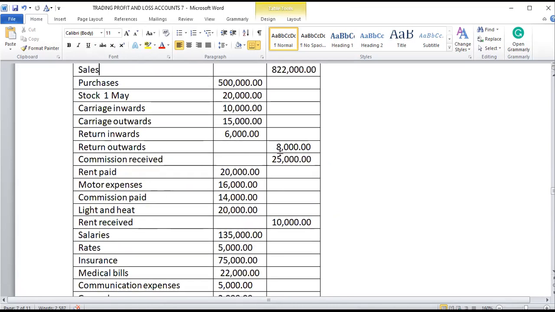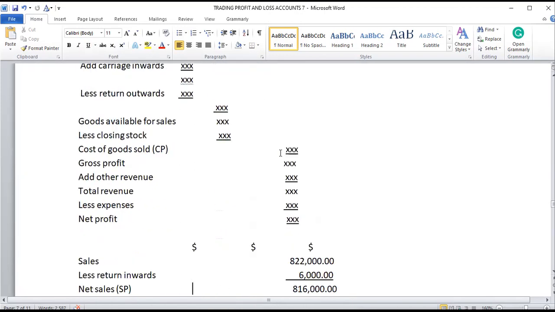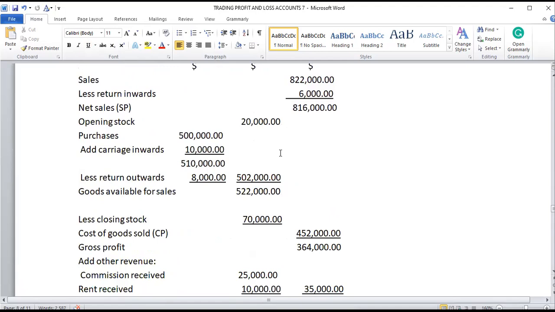Here's the return outwards, $8,000. So this amount, $510,000, is the total purchases. Then you deduct the return outwards of $8,000. You get $502,000. What is the return outwards?